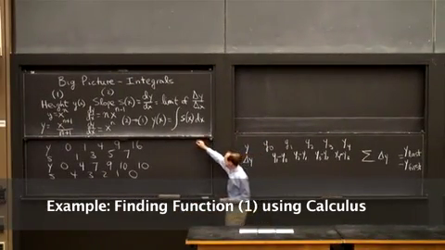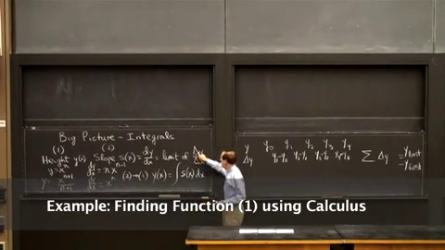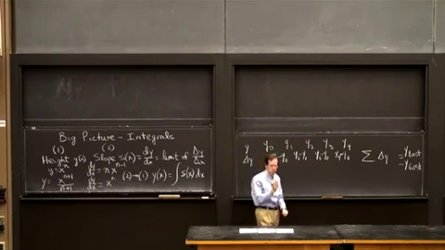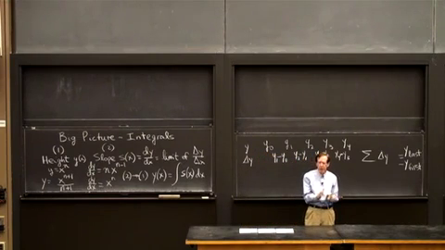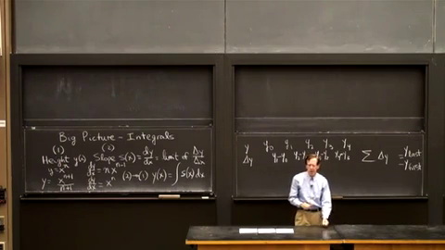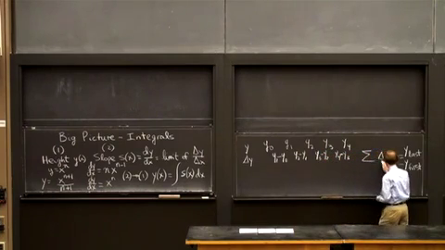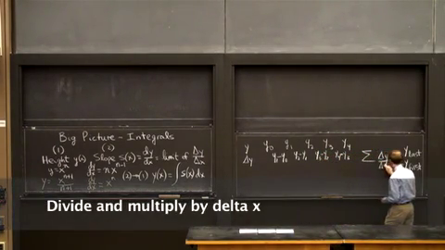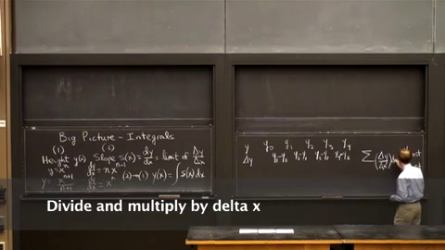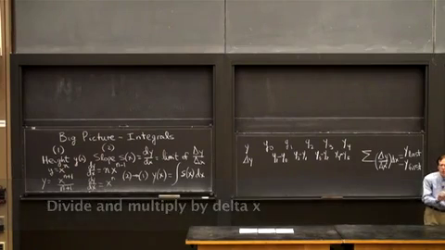Okay, so calculus, I got there by delta y's over delta x's. So in moving toward calculus, what am I doing? I'm thinking of the changes delta y over smaller steps delta x. So I just want to take this step. I want to divide by delta x and multiply by delta x. Why do I do that? That's because it's this delta y over delta x that is the ratio, it's those ratios.